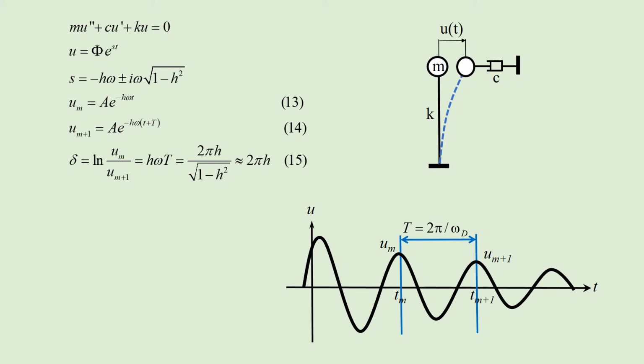Then we define delta by logarithm of um over um plus 1 as shown in equation 15. If h is much smaller than 1.0, delta becomes 2 pi h. Delta is called logarithmic decrement, which is very useful to evaluate damping effect and widely used in practice.